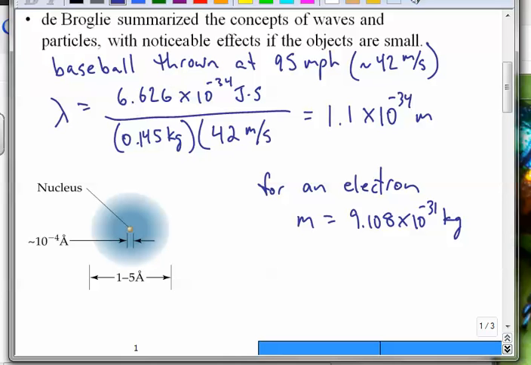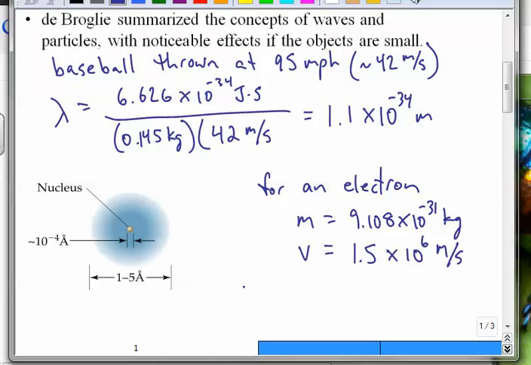Okay, and if we imagine this electron is traveling at a relatively rapid rate, let's say about 0.5% of the speed of light. So we're going to just make an estimate that we have an electron traveling at 1.5 million meters per second. Okay, so this might be an electron traveling in a beam or something like that.